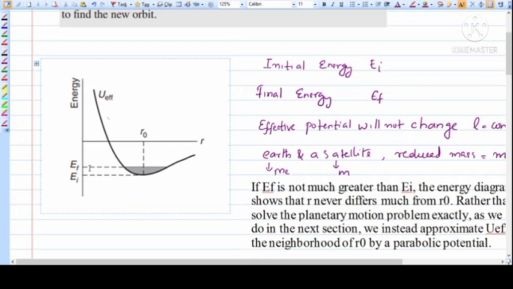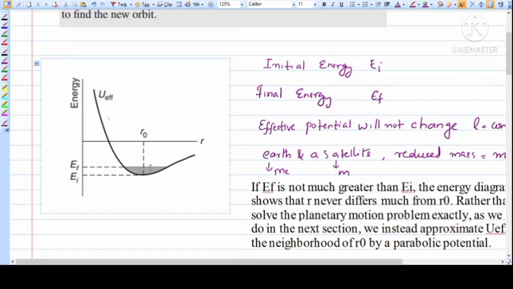Please note that firing the engine radially does not change the effective potential because L is not altered. We know the expression for effective potential has the term L squared by 2 mu r squared, and L is constant, so the effective potential does not change. This is the initial energy and this is the final energy of the satellite after firing its engine.